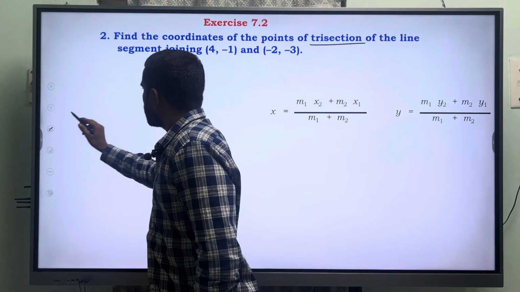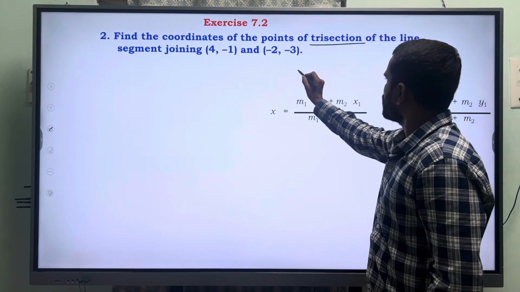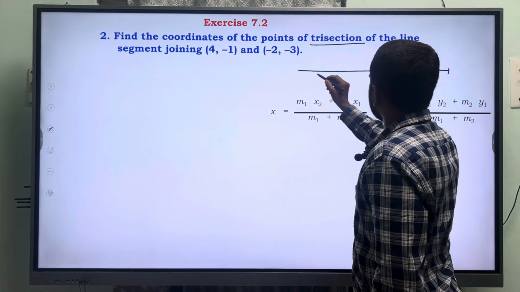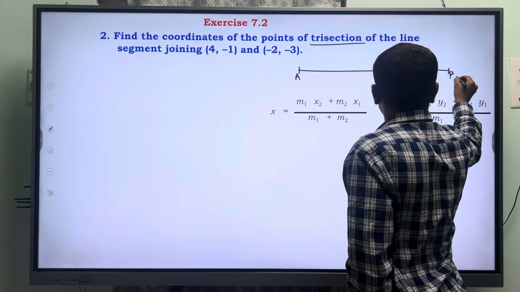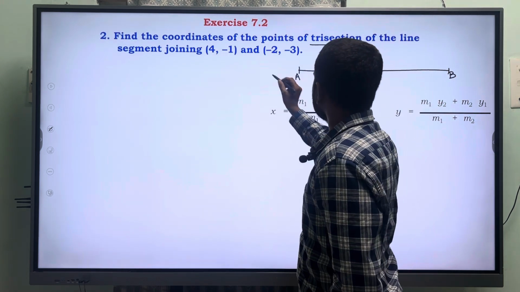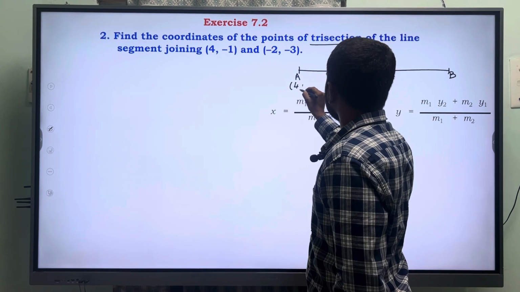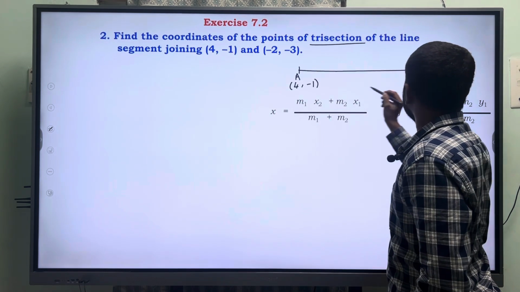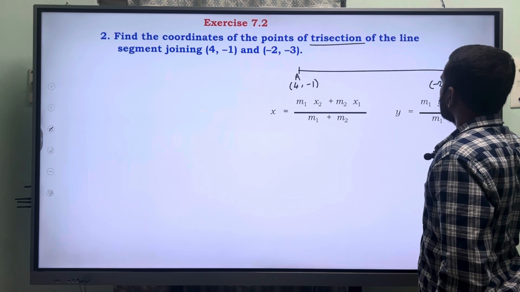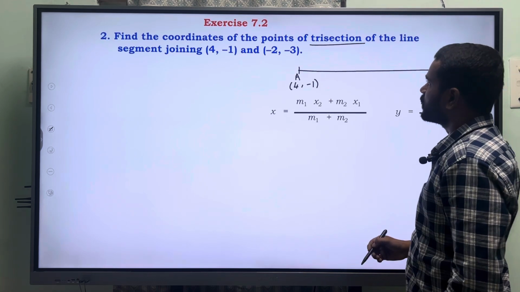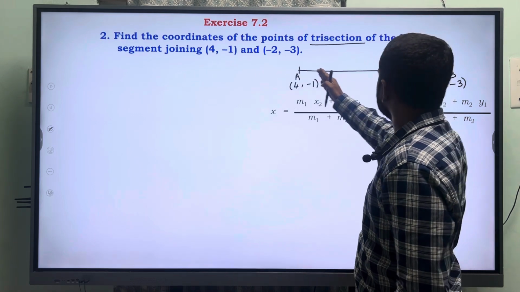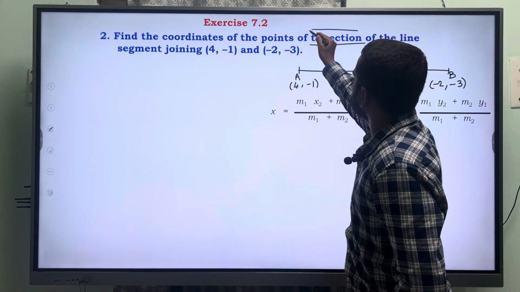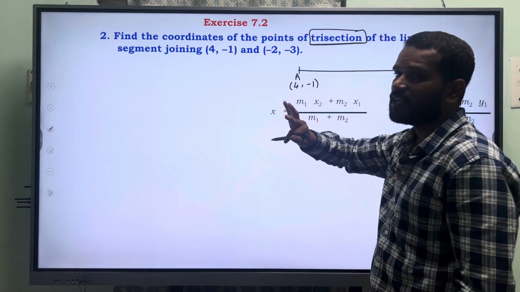So suppose I have a straight line AB, and the points are (4, -1) and (-2, -3). Understand? So these are the coordinates, and this is trisection. Okay, this is divided into 3 equal parts.